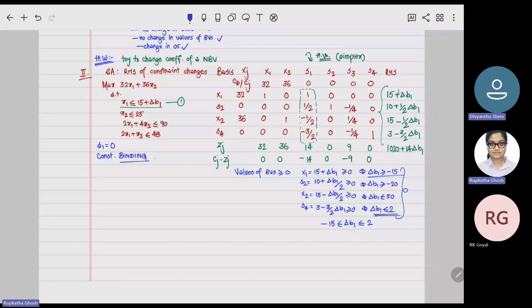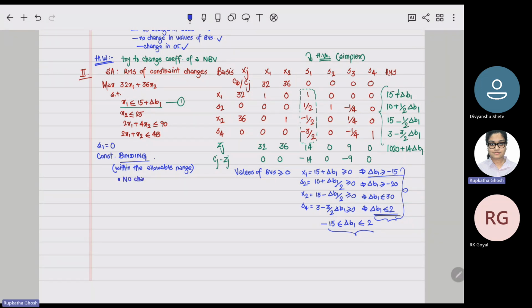When there is a change in the right-hand side value of a binding constraint, again I repeat, within the allowable range, these are the values within which things get changed. Otherwise, if it is outside this range, you will have to resolve the model. No other solution.